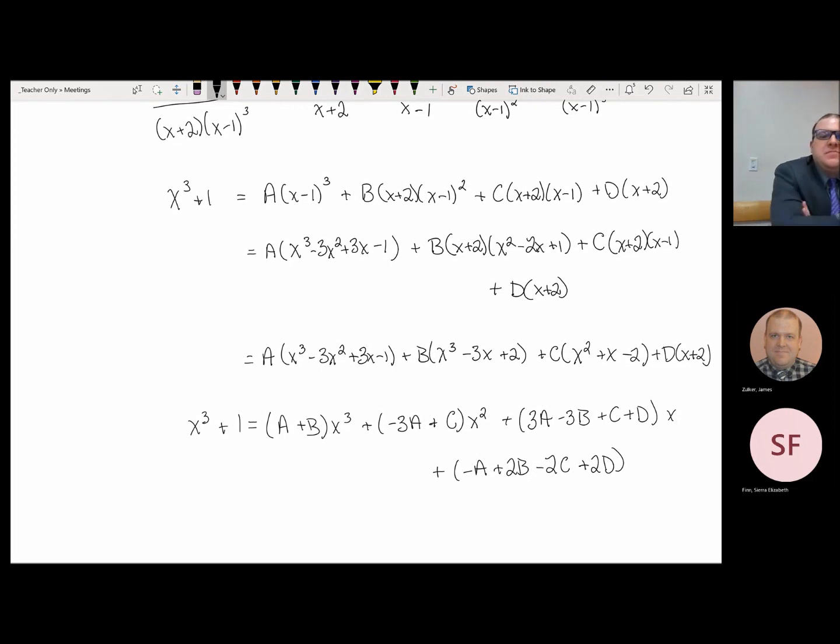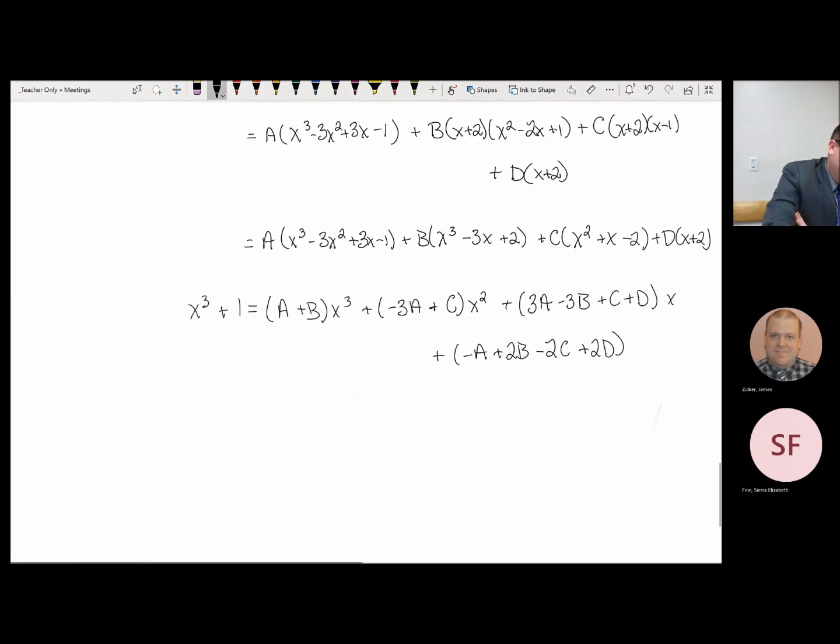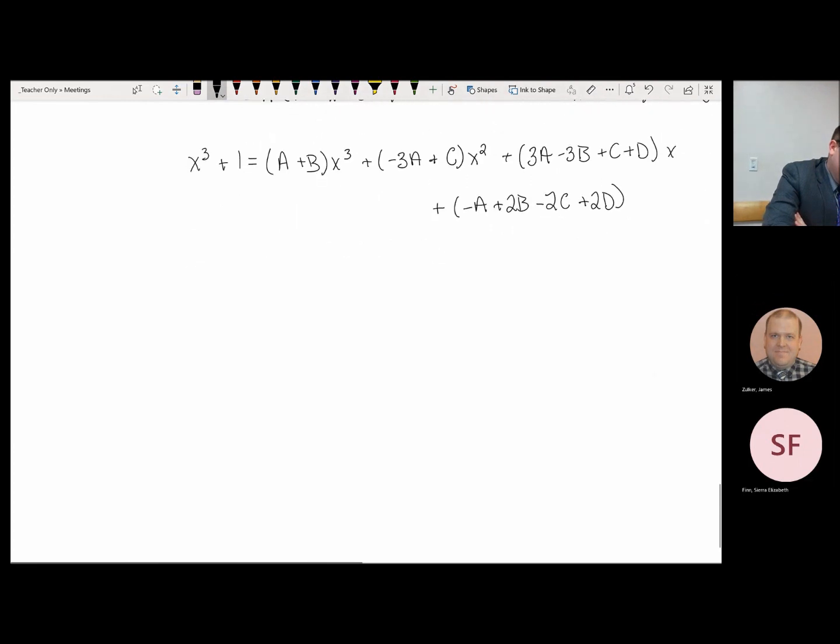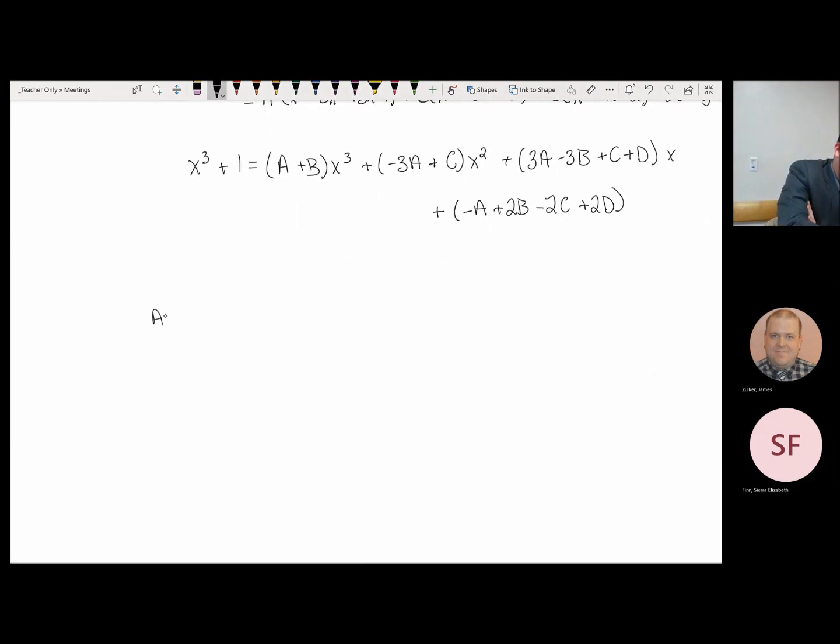Right? Coefficient comparison. A plus B is going to have to be 1.